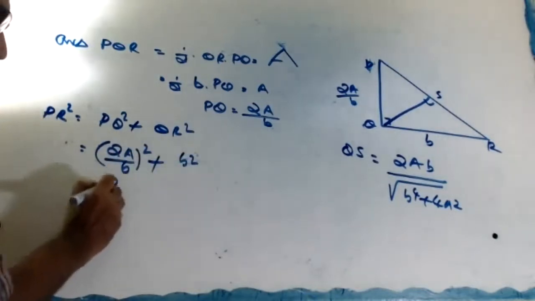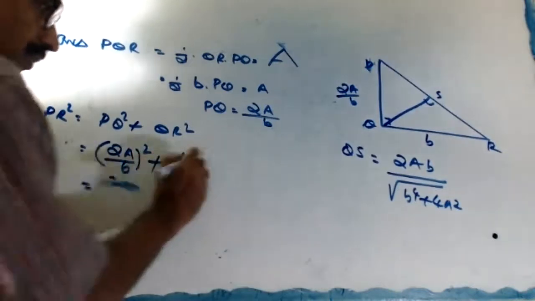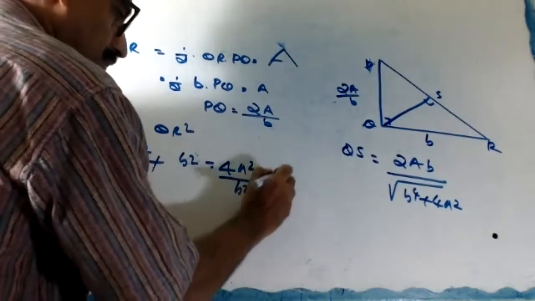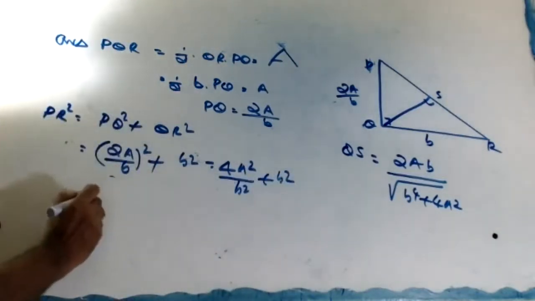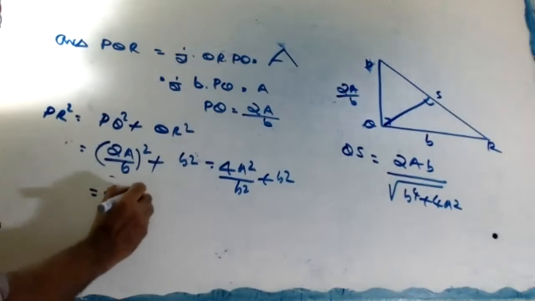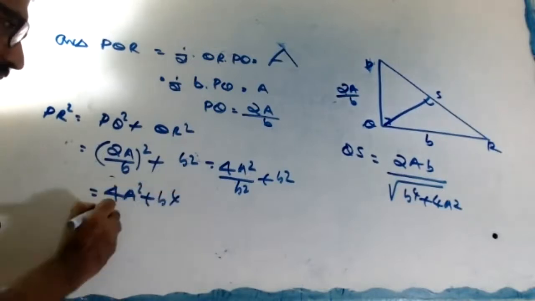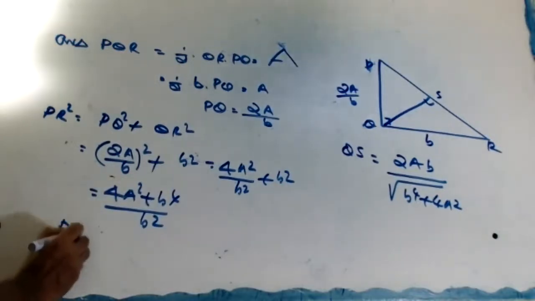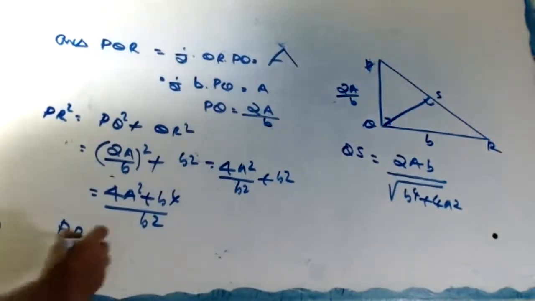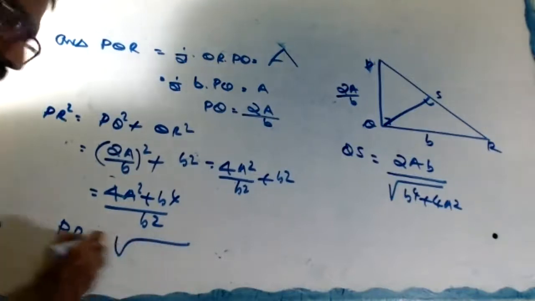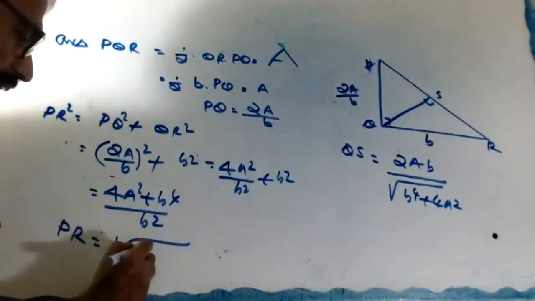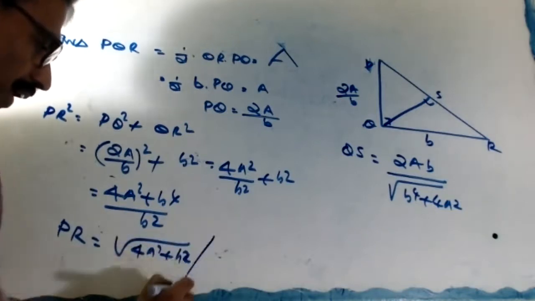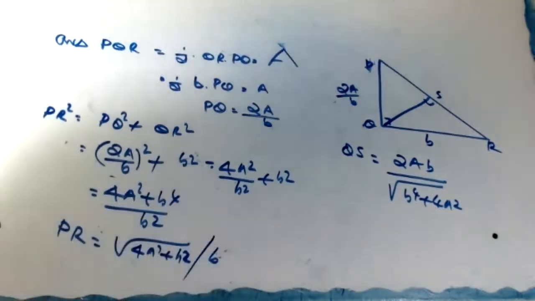So that is 4A square divided by B square plus B square, equal to 4A square plus B raised to 4 by B square. Therefore, PR equal to root of 4A square plus B raised to 4 divided by B. Okay, right up to here.